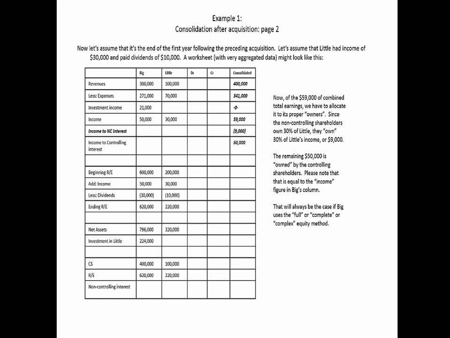Under the full equity method, we take full account of all of the effects of the interrelationships between Big and Little. Now, in a lot of cases, both in real life and in the classroom, we're going to use the partial or modified equity method. And in that case, that nice reassuring check figure, the income to the non-controlling shareholders and Big's net income, will not be equal.